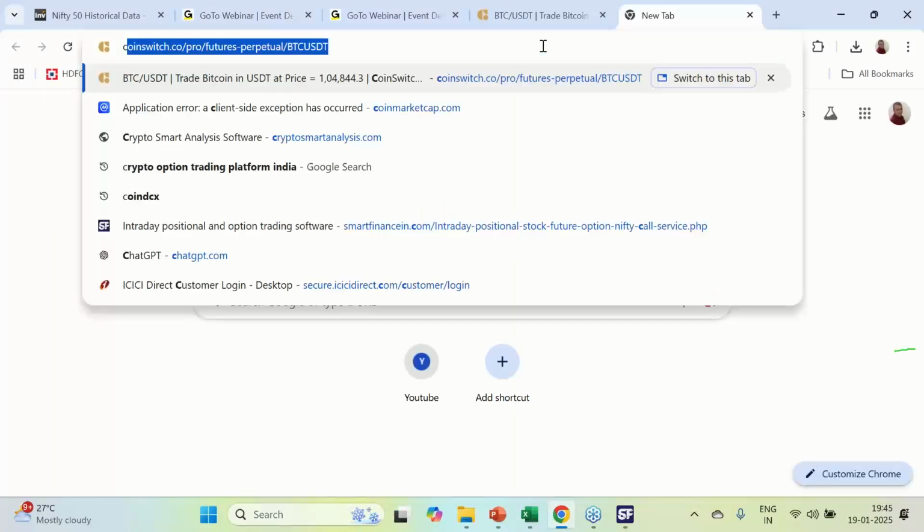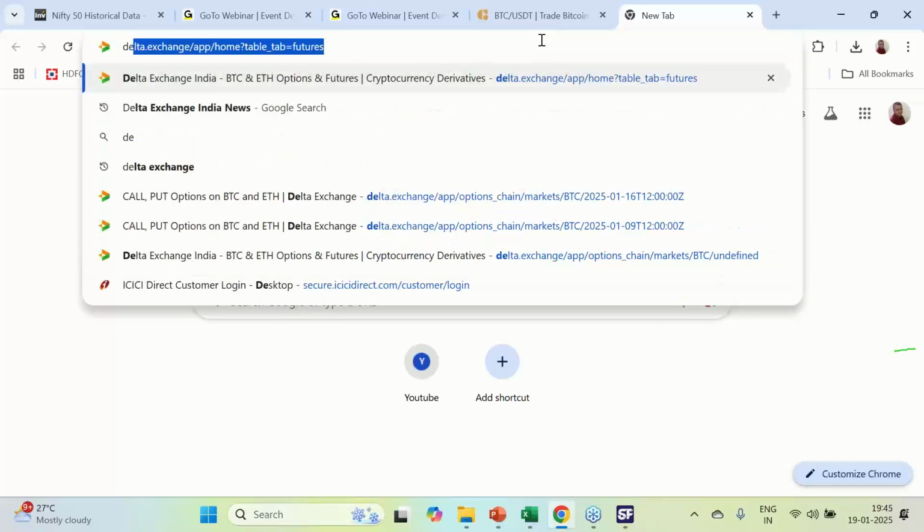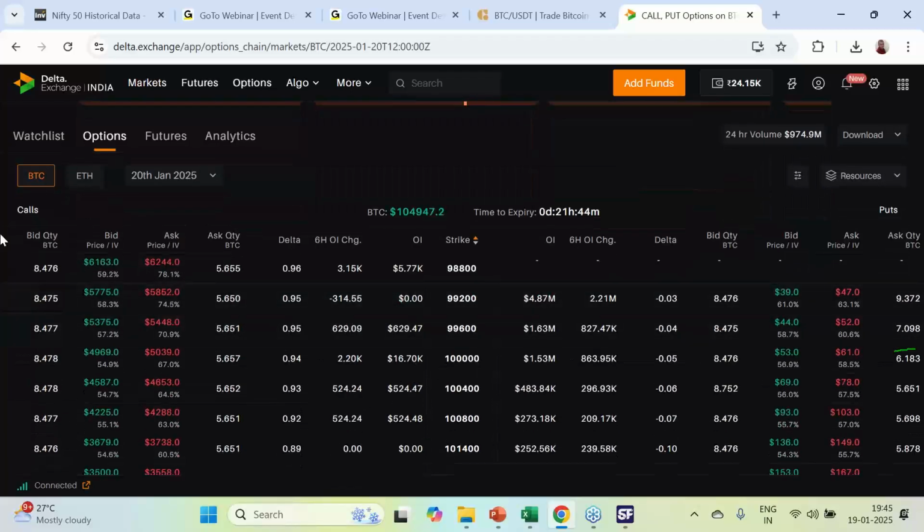In a similar way, you have options also. There are two instruments having options, Bitcoin and Ethereum.